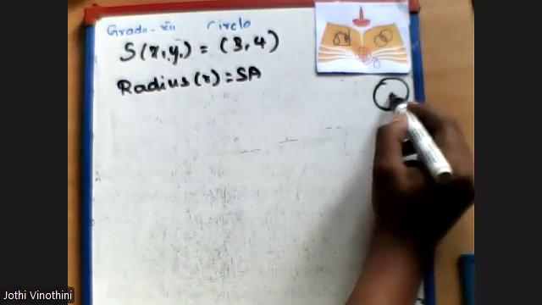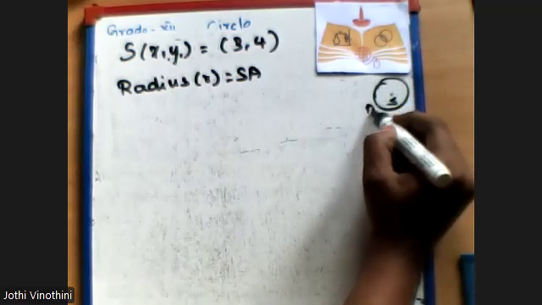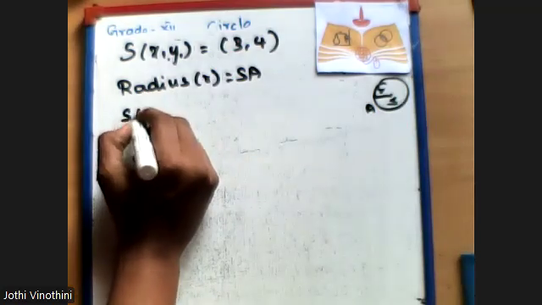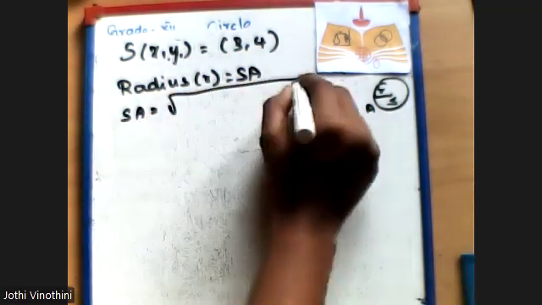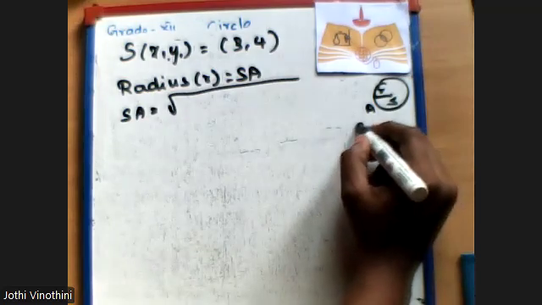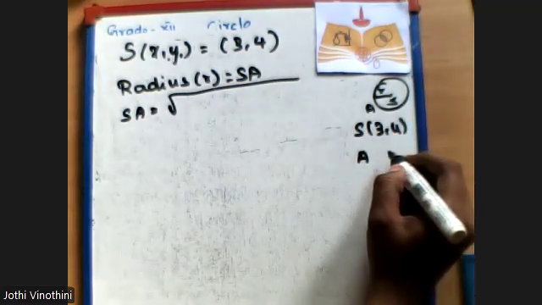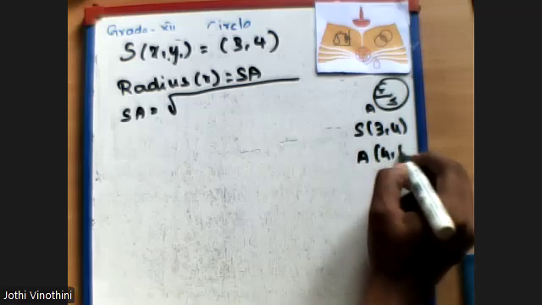It is a circle. S is the center and A is a point on the circle. So it is a radius. So SA equals the square root of... S will be 3, 4 and A will be 4, 1, right?